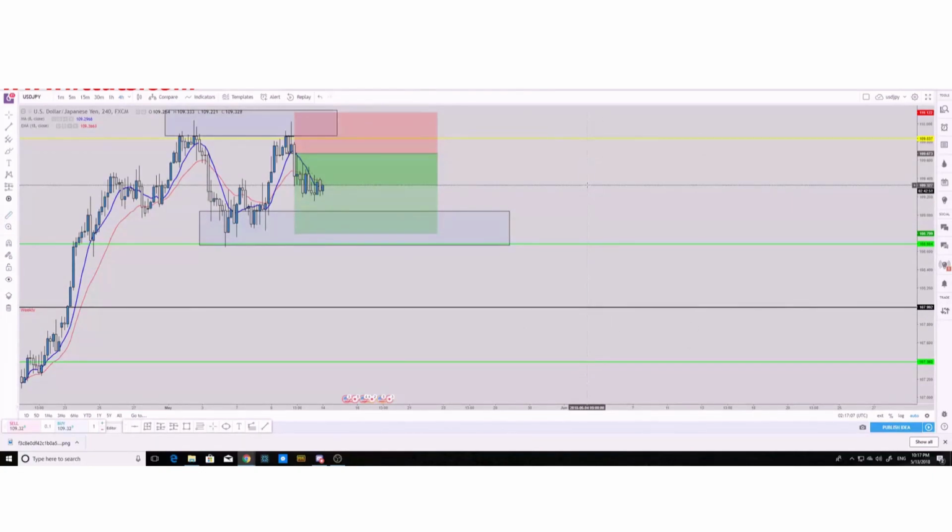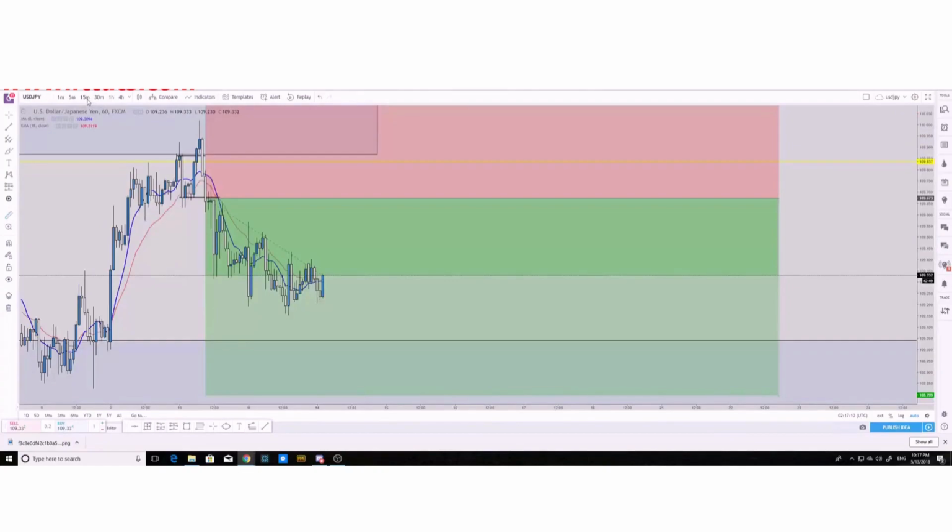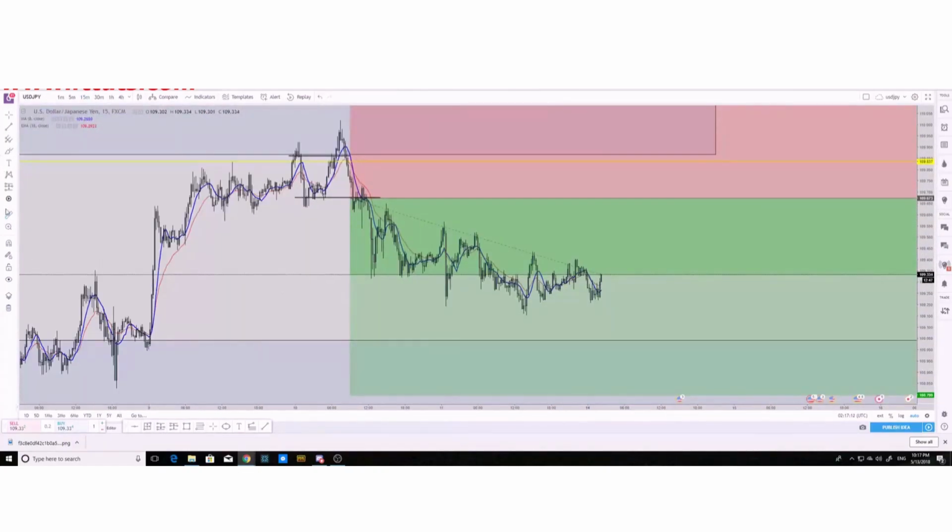From 330, let me go down a time frame. It's a lot harder to see the pips. So the market went down from 330 all the way to 300.